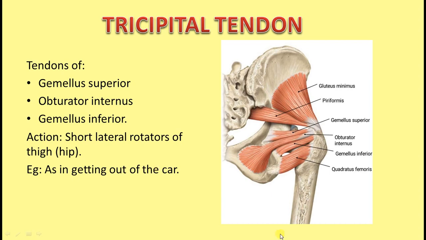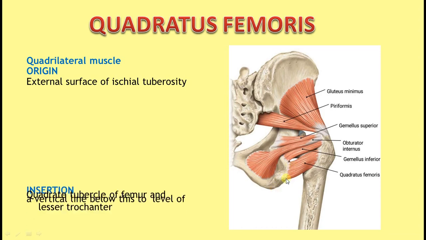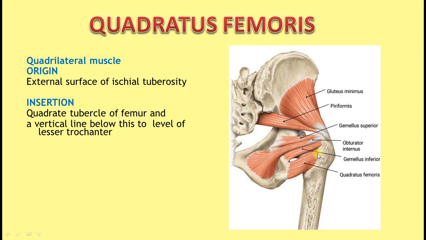And not only that, even the quadratus femoris has a similar action. It is called quadratus femoris because it is quadrilateral in outline. It arises from the outer surface of the ischial tuberosity, inserting into the quadrate tubercle of the femur.